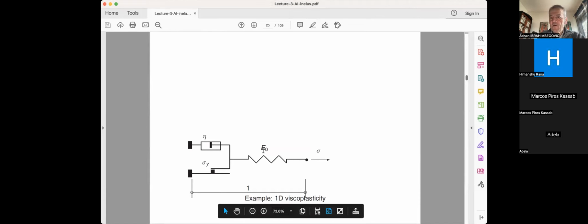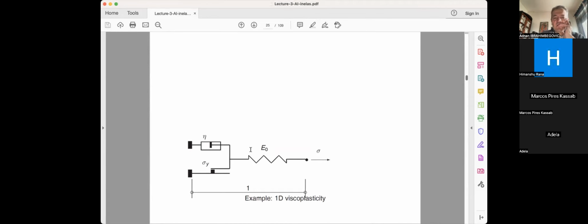So E0 need not be called E0 anymore, it will be just called E. Basically I now have a material which is characterized by Young's modulus, which is the usual case for elasticity, then sigma y, which is the limit of elasticity, where I start this viscoplastic deformation, and eta, which is this viscous damper that gives you the change of stress when you go over a certain value, the so-called overstress, when you go over the limit of elasticity.